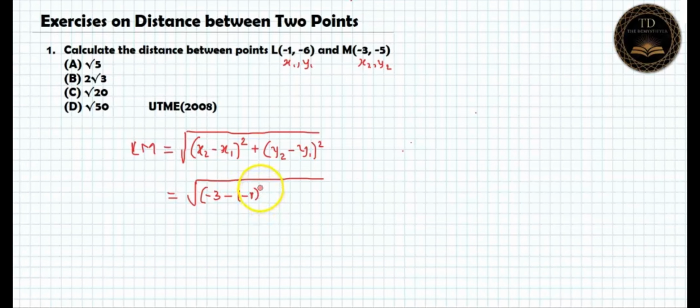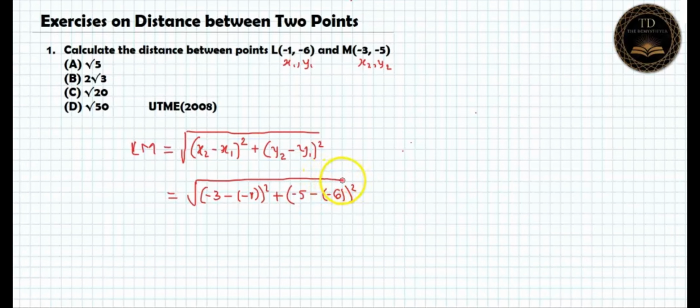Okay, and then I'll close it up, all squared, plus y2 is minus 5 minus y1 is minus 6. So I'll put that in the bracket, minus 6, and then close it up, all squared.